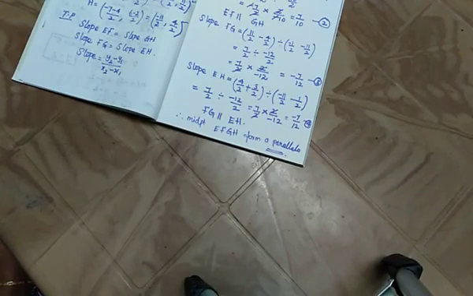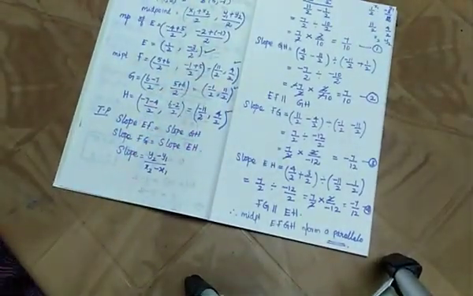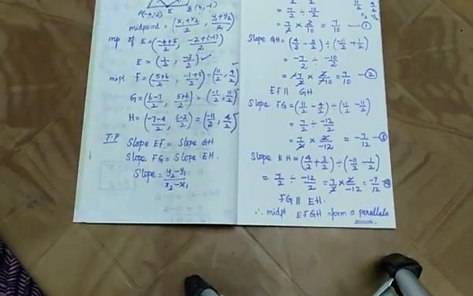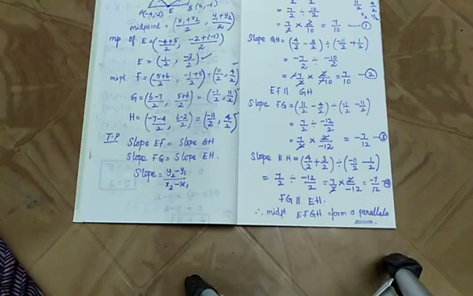Okay, now look into the questions very carefully. Check what is given and what you have to find out. Here in this question, given is a quadrilateral. They ask you to find out about a parallelogram. The only condition given is that the parallelogram's vertices are the midpoints. So we use the midpoint formula, then we check it for the parallelogram.